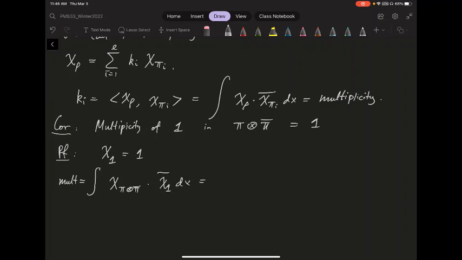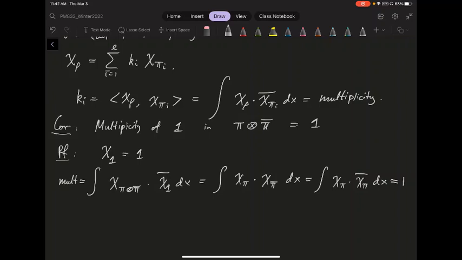But the chi of pi tensor pi bar is just equal to the integral of the character of pi times the character of pi bar. All right, and that's essentially this dx, and because the character of the conjugate is the conjugate of the character, this is essentially chi_pi times chi_pi bar dx, and that's just equal to 1, because we just proved that if you have two unitarily equivalent representations, then their inner product is 1.